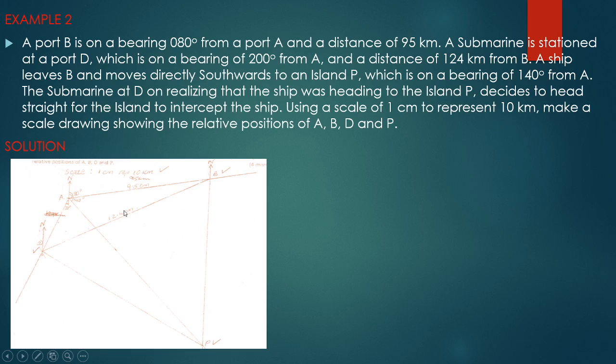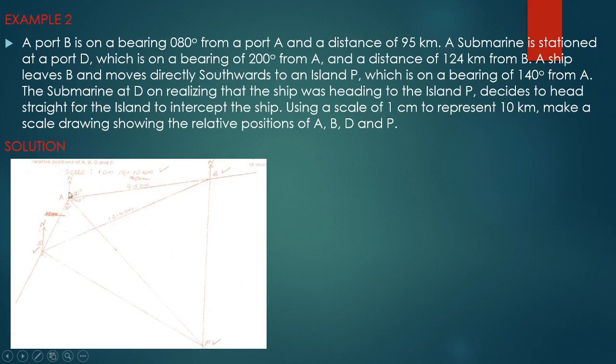From making a sketch, like I have shown you from the above example, then you now go to drawing the actual things. And the actual things in this case, remember the first thing to do is to locate B, because we are told it is from A. From port A. So we want to locate port B from port A. So your starting point will be A. You come and make a mark here, at that point.